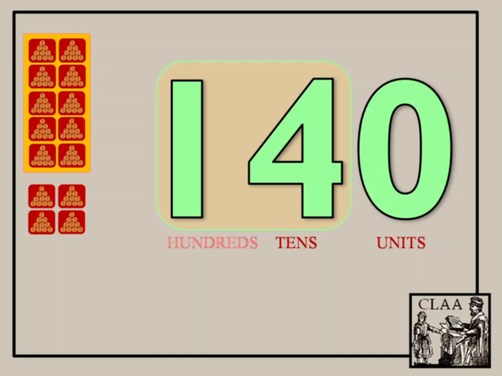If you look at the number 140, you can see that it really says there are 14 sets of 10 and 0 units left over. 14 sets of 10 is the same thing as 140. It's just a different way to look at this number.